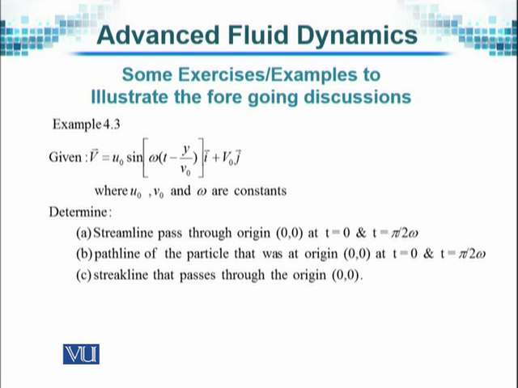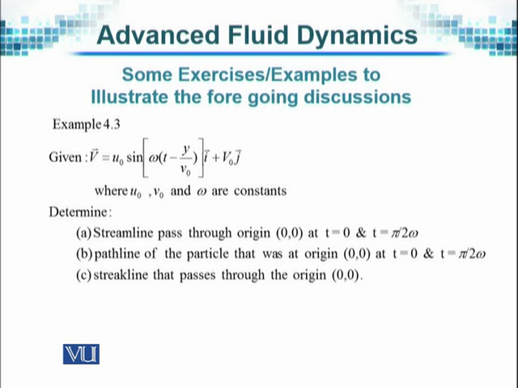The path line of the particle that was at the origin (0, 0) at t equal to 0 and at the same point at t equal to pi by 2, and the streak line that passes through the origin (0, 0). Remember, in our earlier examples we were not asked to write down equations passing through a certain point; only the initial condition was given.